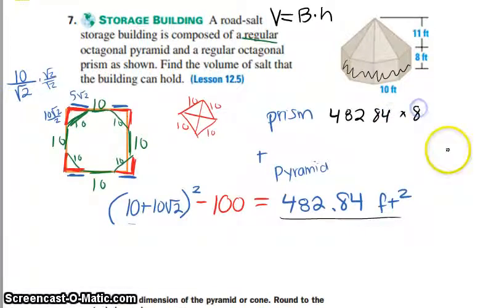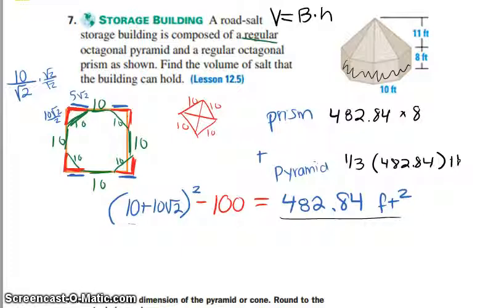So the volume of my prism is 482.84 times 8. To get the volume of the pyramid, I just take 1/3 of the volume of the prism. So I'm going to add that to 1/3 of 482.84. But not times 8 this time, because the height of this roof is 11.